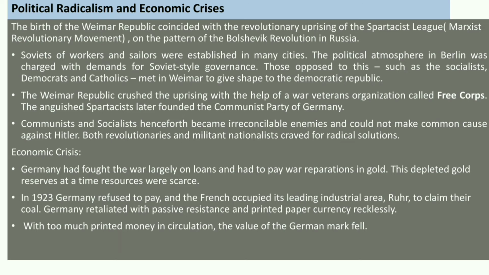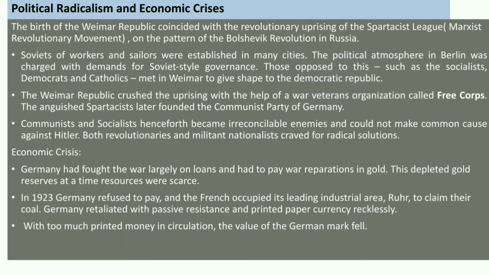The political atmosphere in Berlin was charged with demands for Soviet style governance. Those opposed to this, such as the Socialists, Democrats, and Catholics, met in Weimar to give shape to the Democratic Republic. The Weimar Republic crushed the uprising with the help of a war veterans organization called Free Corps.